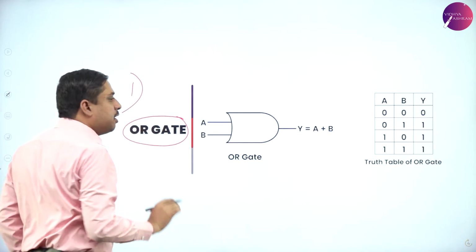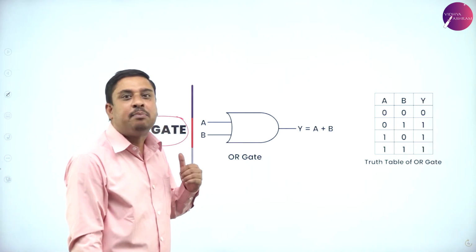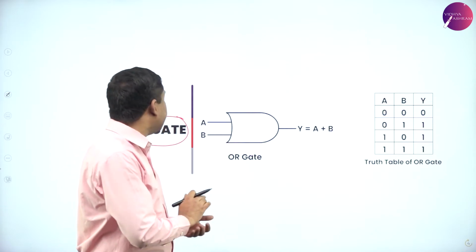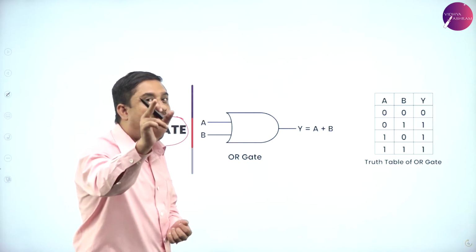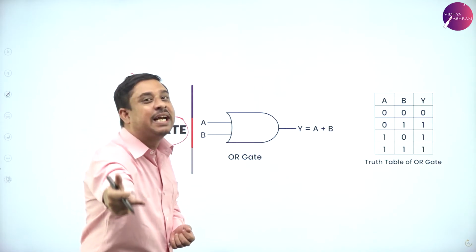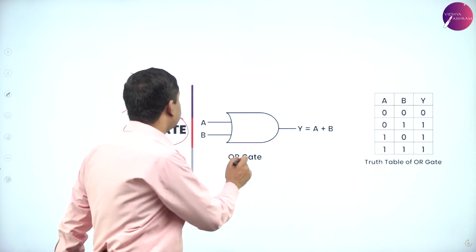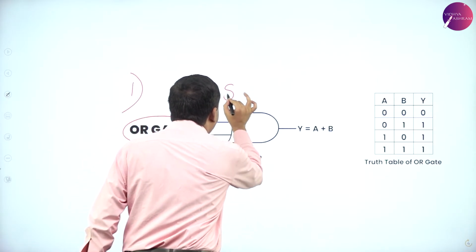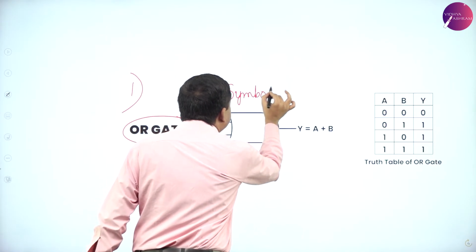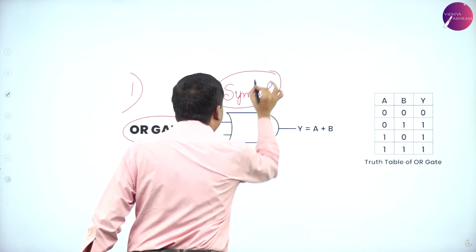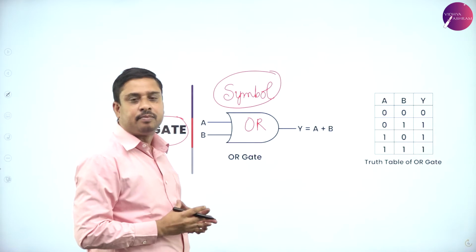The first fundamental gate I am studying is the OR gate. Very beautiful term. I will explain the OR later. So this is the symbol representation of an OR gate.